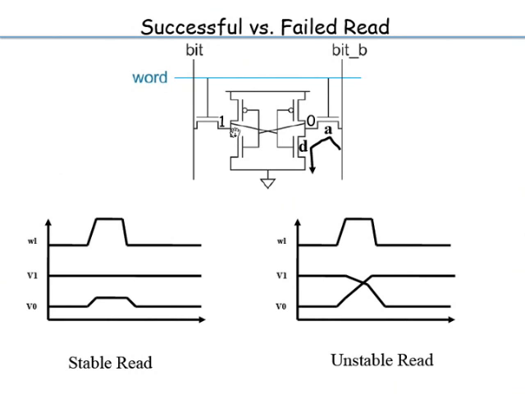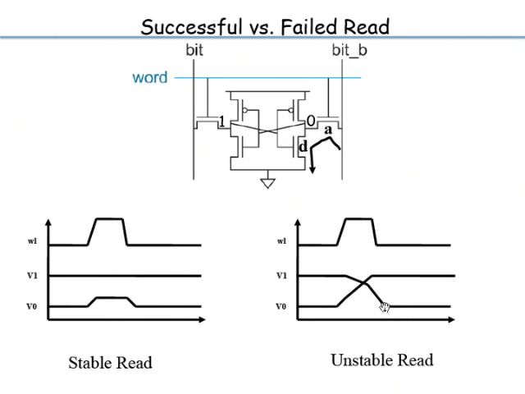You can trip that inverter. When this goes up, this voltage starts coming down. That voltage is the input to this transistor again, so that transistor becomes more and more resistive in some sense. That causes more voltage to go even further up, and it can happen that the whole thing swings and you flip the cell.